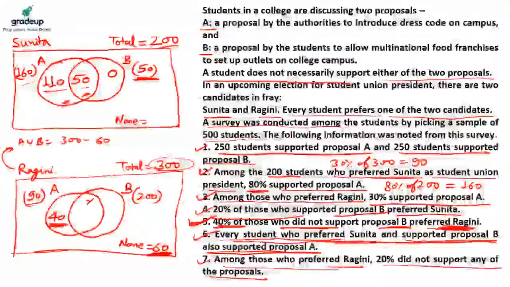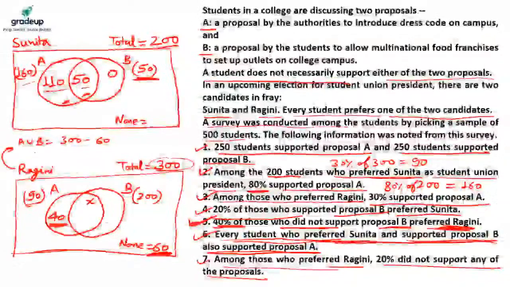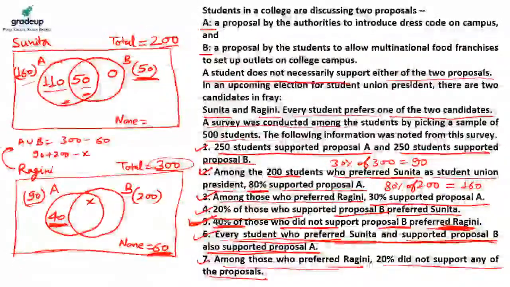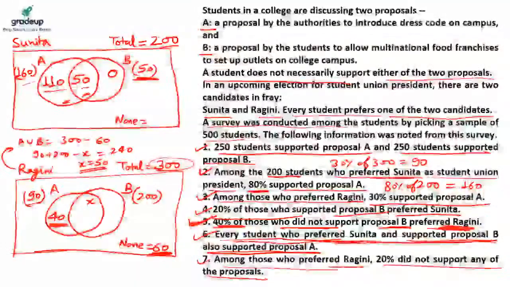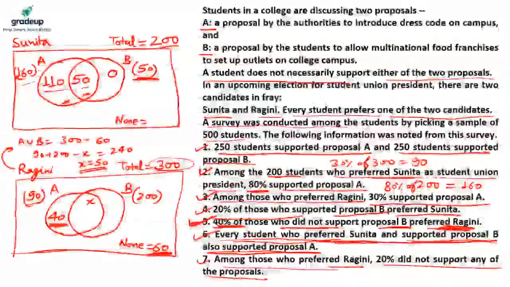If I assume this to be X, you also know A union B is NA plus NB minus NA intersection B. That is equal to 240, 300 minus 60, right? From this you can see X is equal to 50. So you could have calculated it just by applying union formula. Okay. So you could have ignored point number 5.